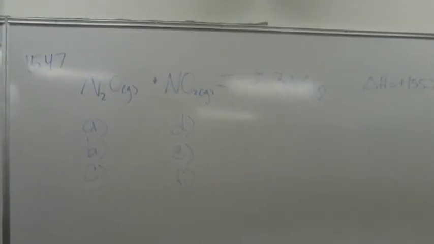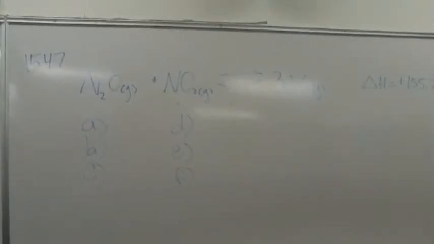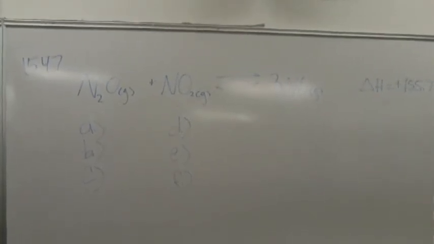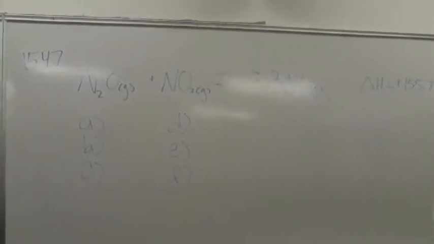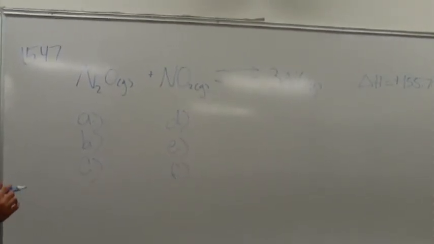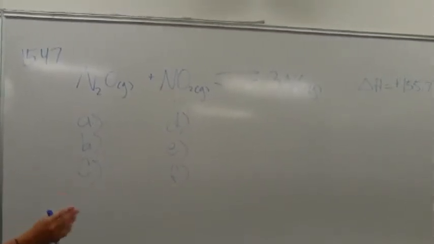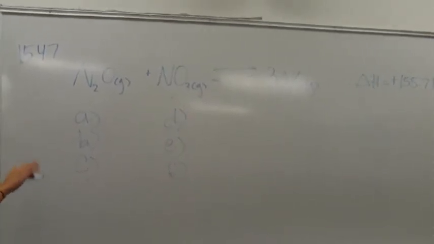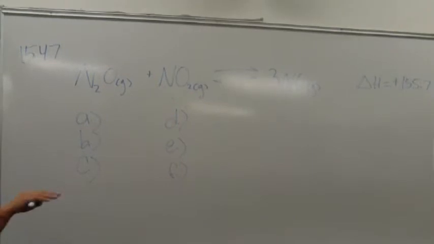So the way that I like to think about these equations, you're going to be using Le Chatelier's principle, and it's basically that if a system at equilibrium gets disturbed, it's going to do whatever changes it needs to do to get back to equilibrium.